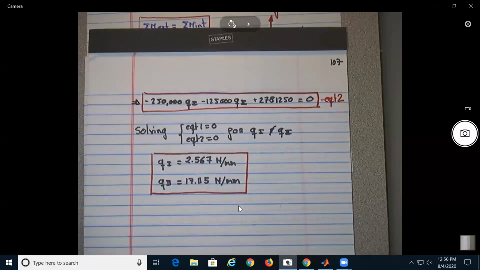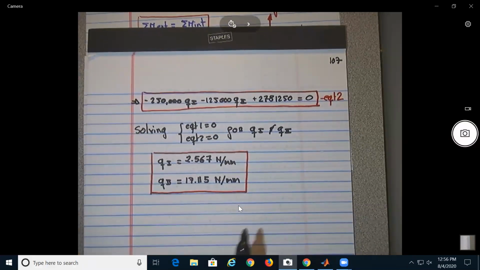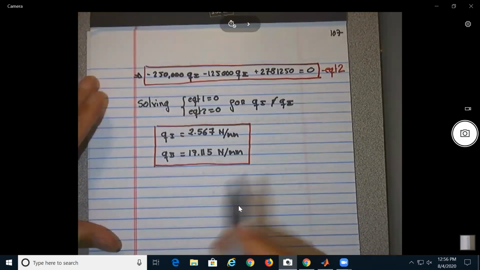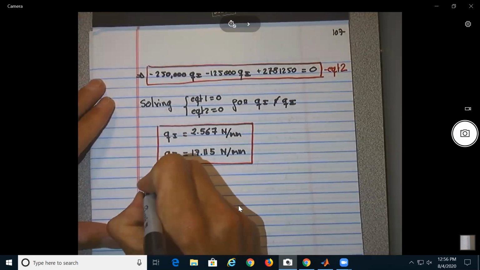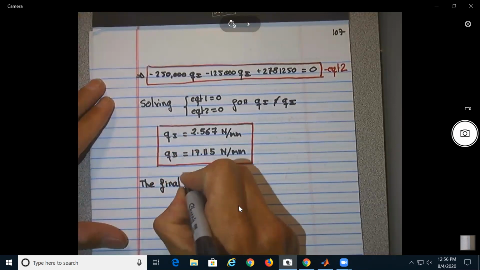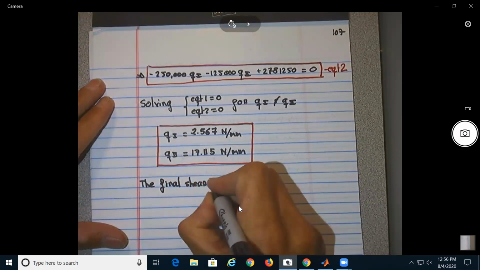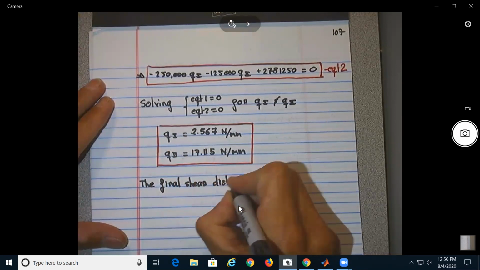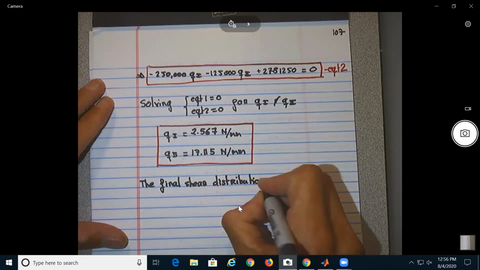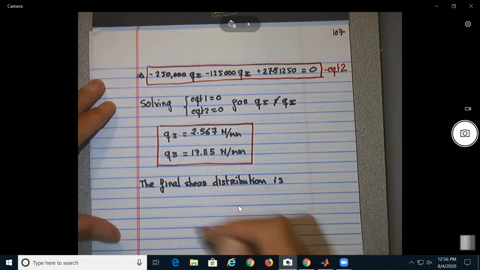Okay, so, well, we're not going to finish. So the final shear distribution is what?